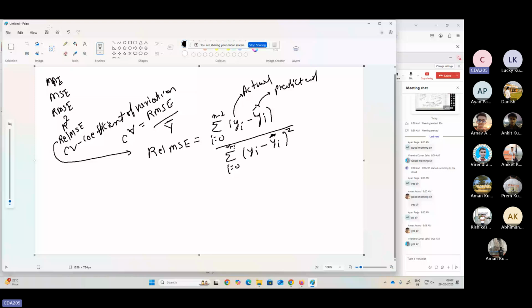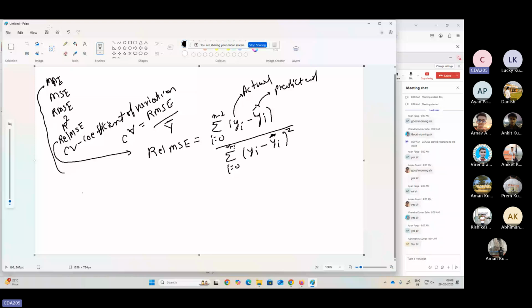So we will solve one problem and try to find MAE, MSE, and these things. Please write down this formula. If you don't write the formula, if you don't know this formula, you cannot do the calculation.